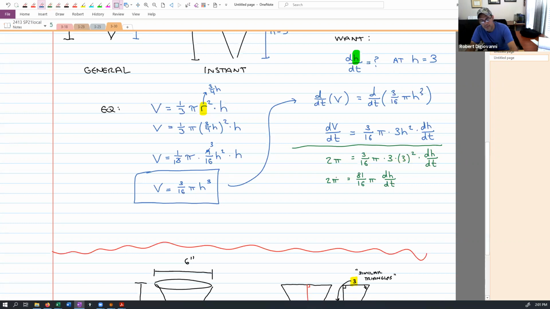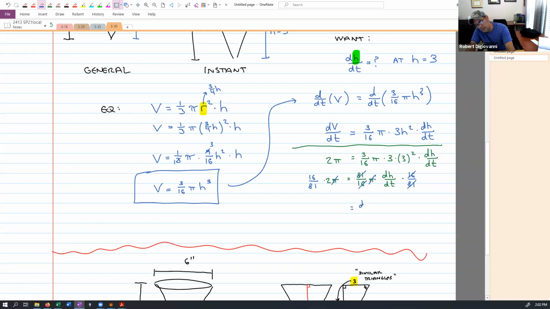Let's divide both sides by pi. That gets rid of the pi. And then let's multiply by 16/81. And that'll kill off the fraction on the right.